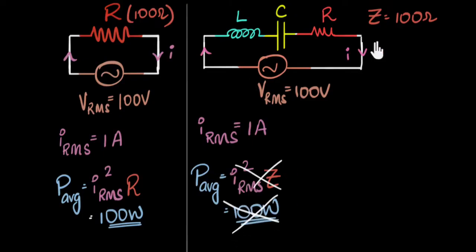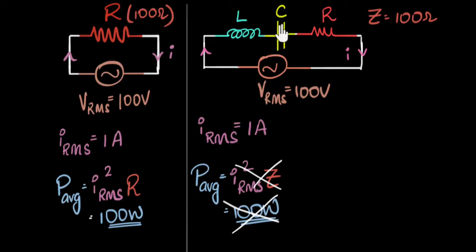Why? Because the entire opposition does not consume power. Here's what I mean. Among L, C and R, the resistor consumes power just like before, I squared R. But what about the inductors and the capacitors? They do not consume any power. For example, if you take a capacitor, when the capacitor is being charged, it definitely consumes power.